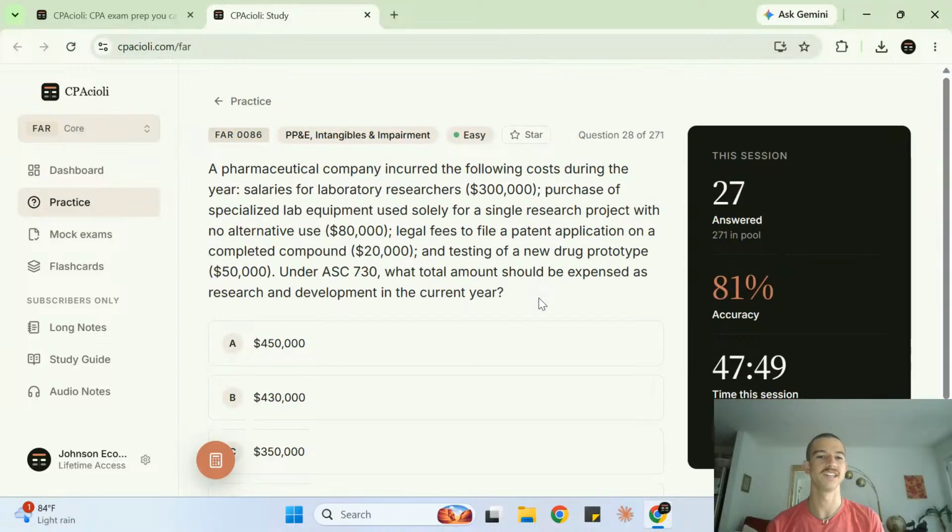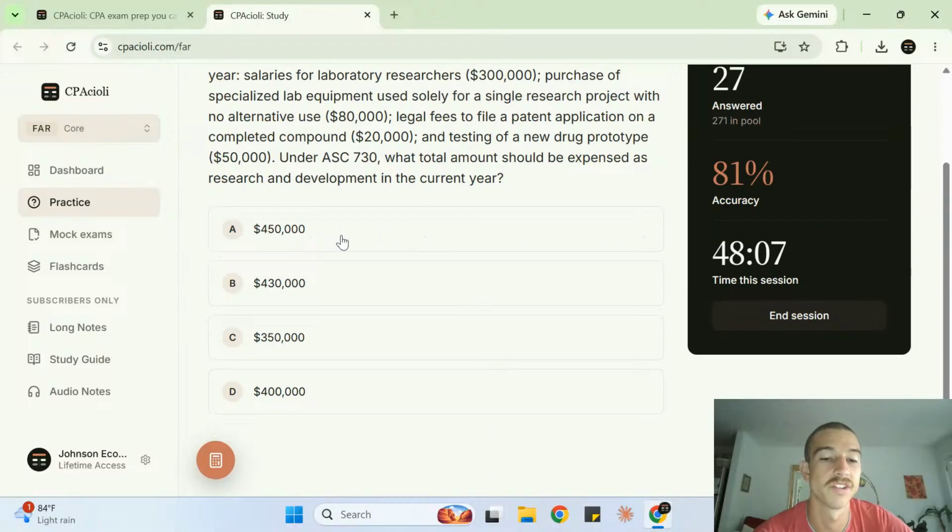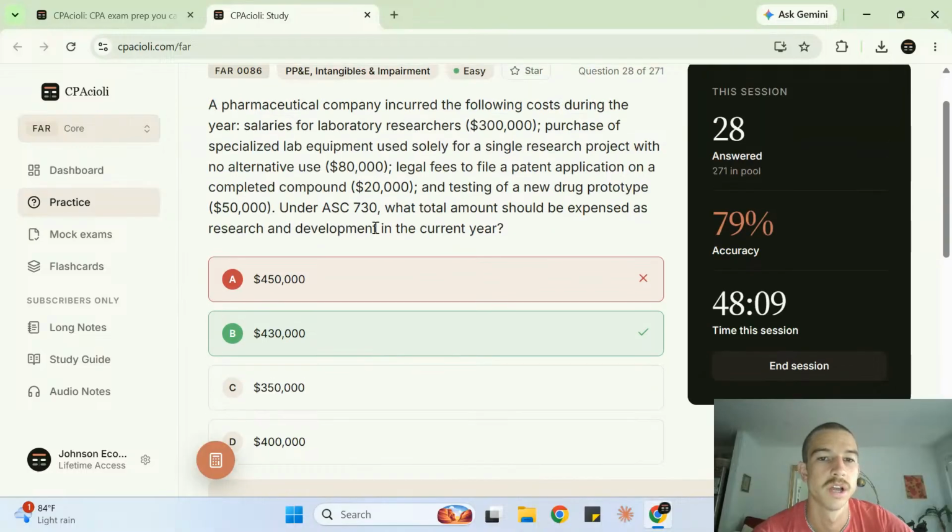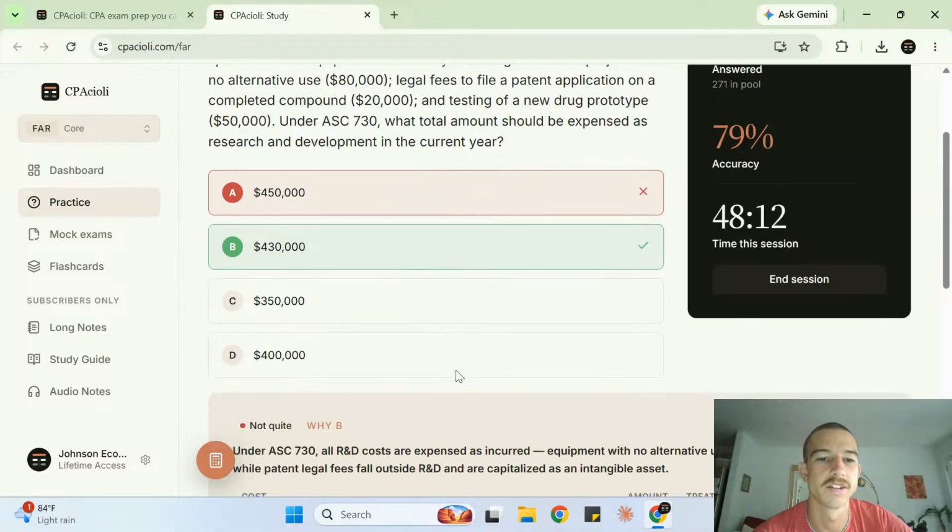Oh, I guess salaries is, because that's salaries, research and development. 80K, legal fees would be 400, and testing the new drug prototype. Probably all of it then. Not positive. Oh, so legal fees aren't? Dang.